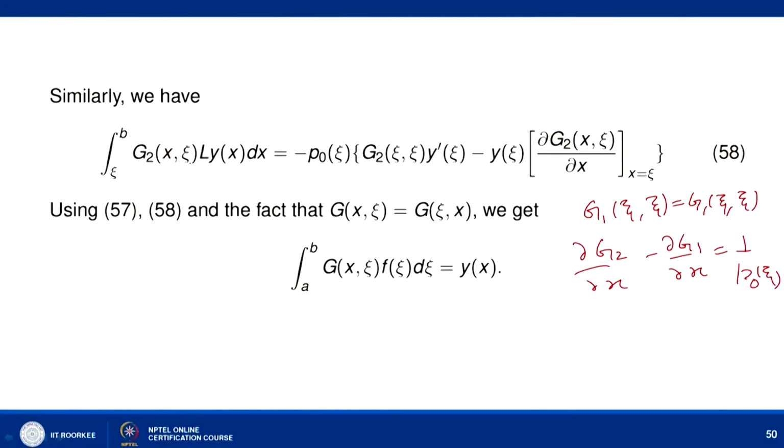So, here we have the integral from xi to b of g2(x, xi) L[y](x) dx equal to minus p0(xi) [g2(xi, xi) y'(xi) minus y(xi) ∂g2/∂x at x equal to xi] here.